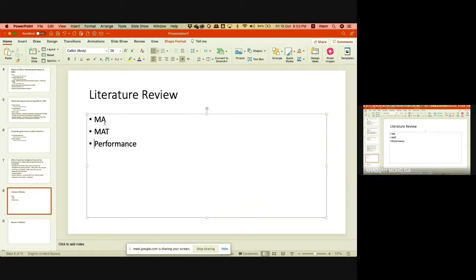So from the literature review, you are going to identify what is missing, and what the prior findings, the previous findings, are on this, and then what can be further improved from the research perspective.